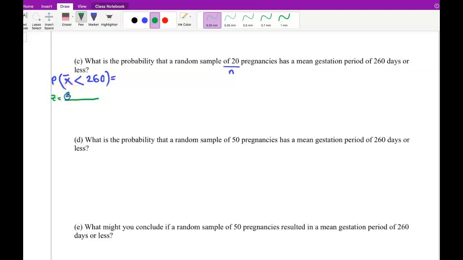So z equals 260 minus 266, divided by 16 over the square root of 20, and that is equal to negative 1.68.